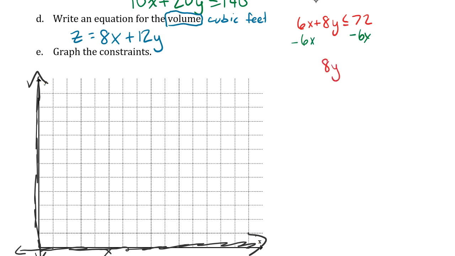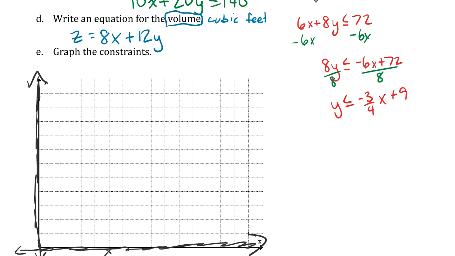Get 8y is less than or equal to negative 6x plus 72. Divide both sides by 8. So we get y is less than or equal to, if we simplify it, negative 3/4 x plus 9.